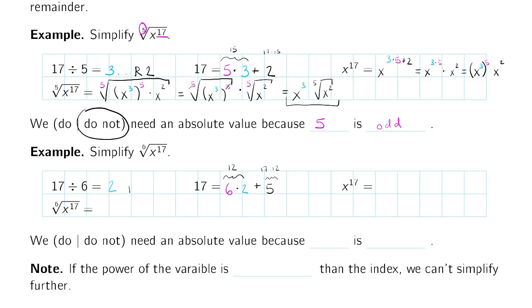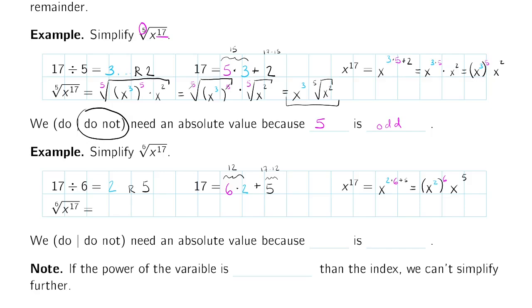We had 2, remainder 5. X to the 17th then is x to the power 2 times 6 plus 5. And that whole thing is in the exponent. So that's going to be x to the power 2 to the power 6 times x to the power 5. And this time I applied the product of powers rule and the power of a power rule at the same time.